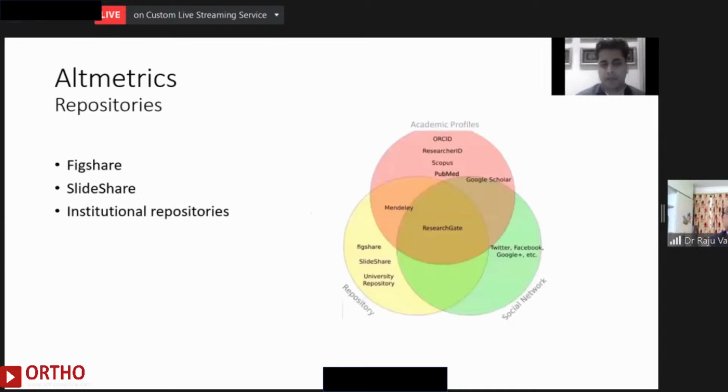Repositories really help because many times you may not have the whole article, but you may have just a presentation being shared in the university or the library being open, and that has been utilized and seen by people who want to access your data or your presentation or your publication, either through entire figures or just through slides.